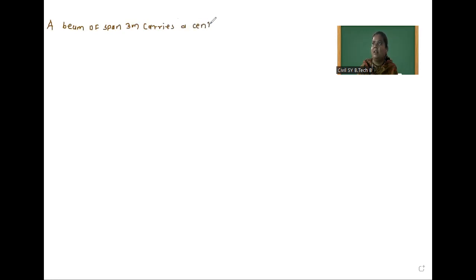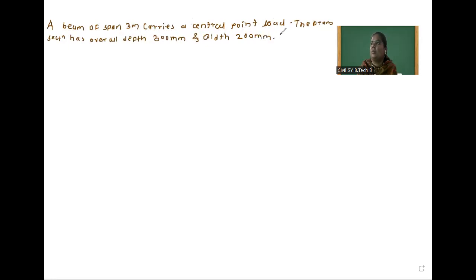The beam section has overall depth 300 mm and width 200 mm.